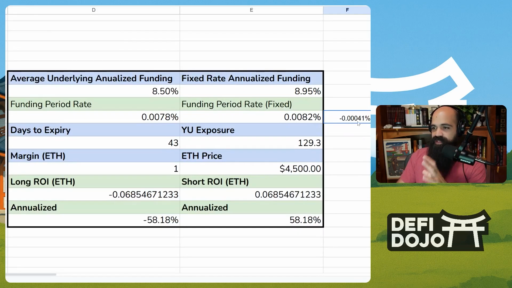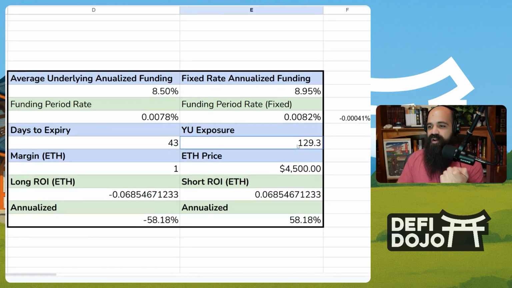So that's the difference. Each period, I'm either receiving this percent of my ETH margin, or paying this percent of my ETH margin, or paying this percent of 193. So really, it's this times this, which is that every single period. So every single period, I am making or paying 5 bips.